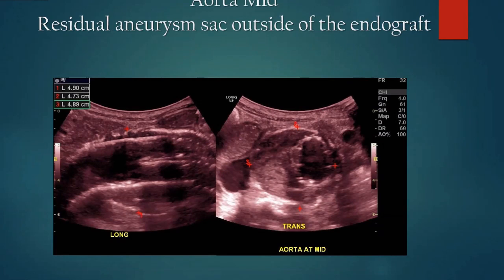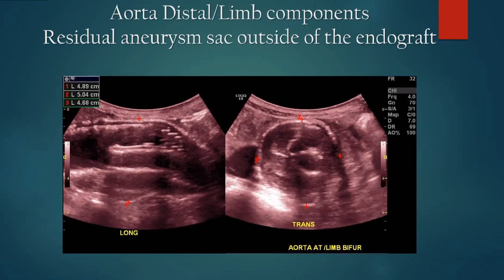We're going to obtain measurements of the residual aneurysm sac showing the endograft in sagittal or longitudinal and transverse. We're going to obtain another diameter measurement at distal. Again, what's going to go on the report is the largest diameter.